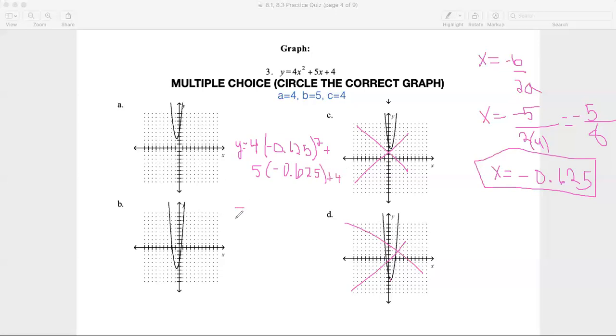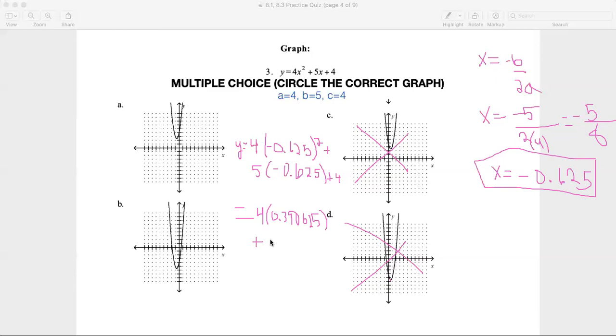So this will equal, so I'm going to square 0.625. And yes, I know it's negative, but anything negative squared turns positive. So that turns into 4 times 0.390625, plus 5 times negatives.